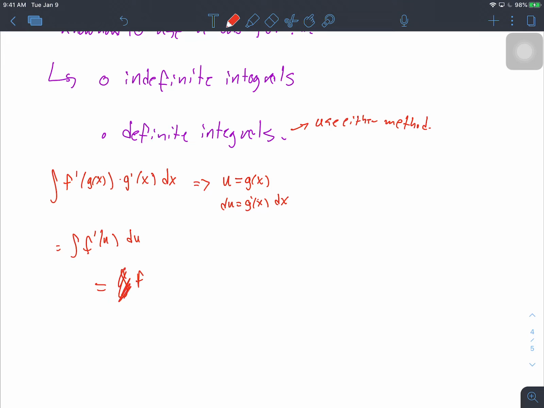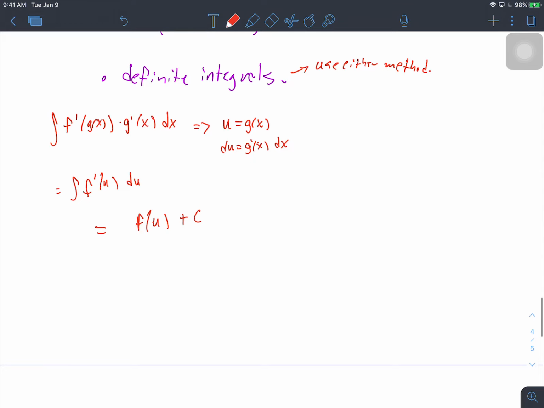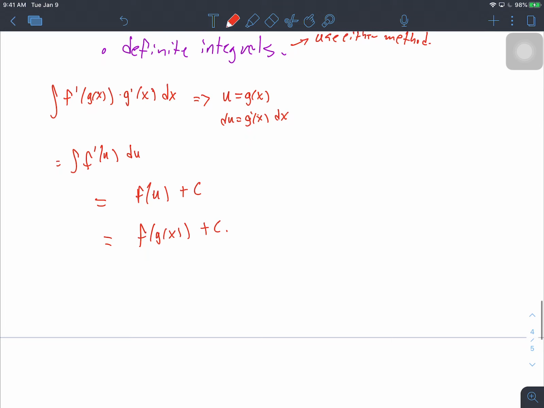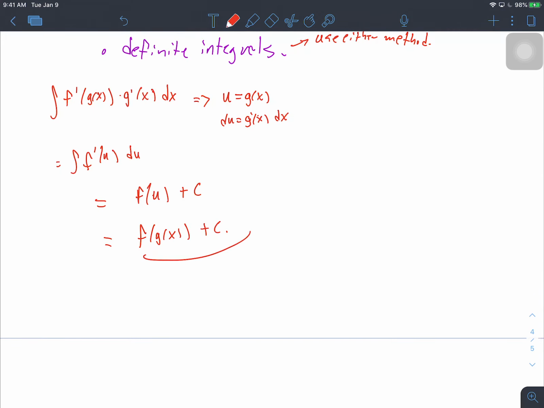So this will just be f of u plus c, and then we would switch back to x, and that would just be f of g of x plus c. And we can check our work: if we were to take the derivative of this function, we would get back our integrand, f prime of g of x times g prime of x.